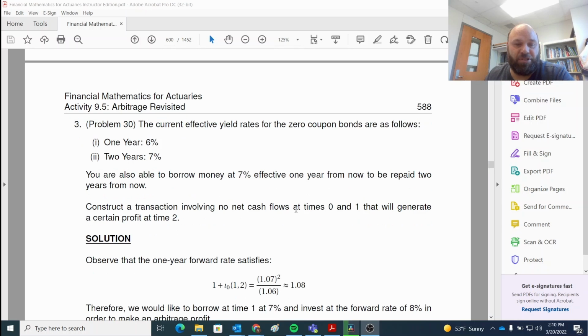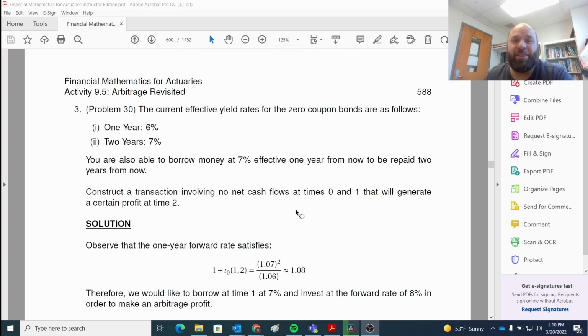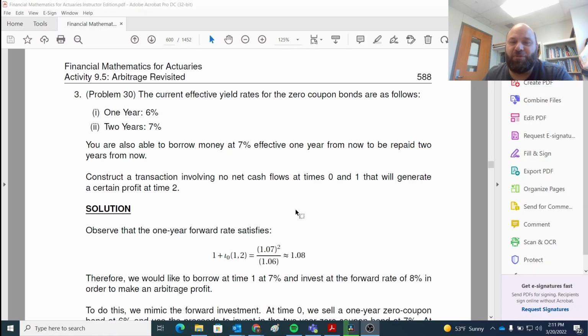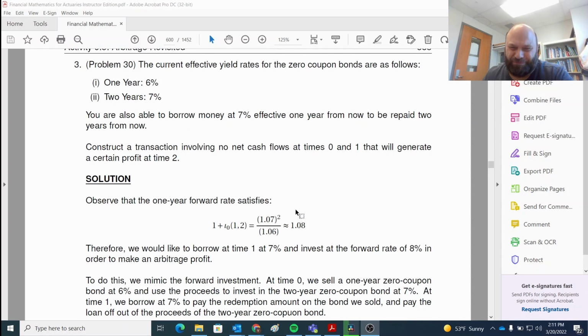Let's look at this a little closer. The whole idea is we borrow at the actual forward rate of 7% in order to redeem that first bond, and that's equivalent to investing at the forward rate of 8%. So let's look closer.